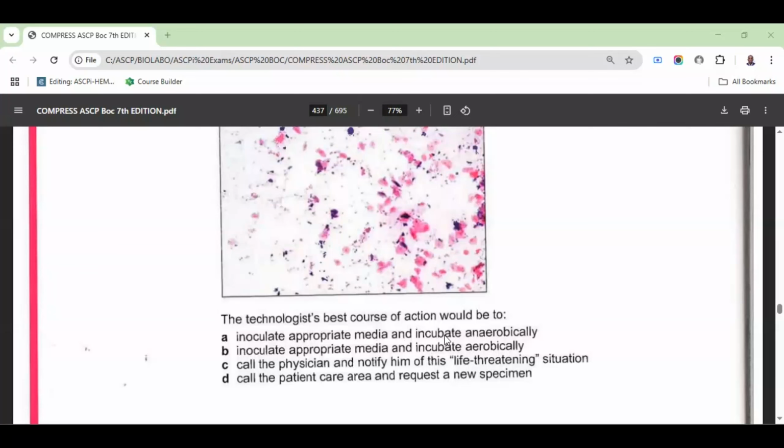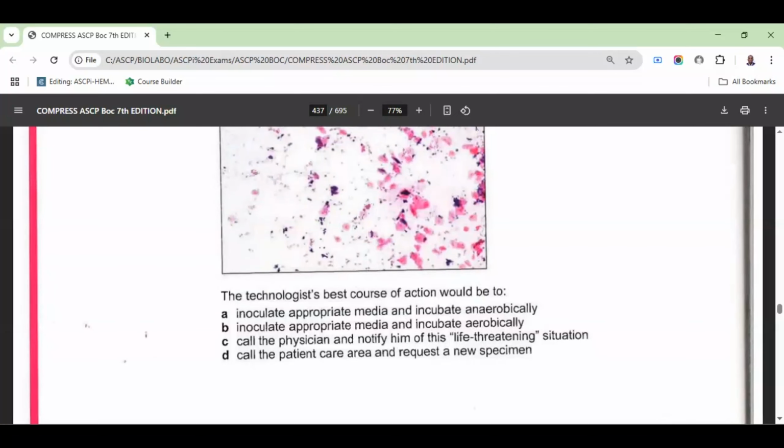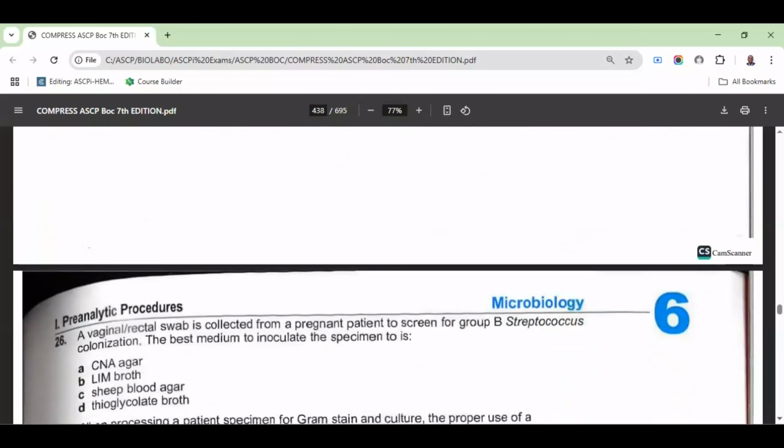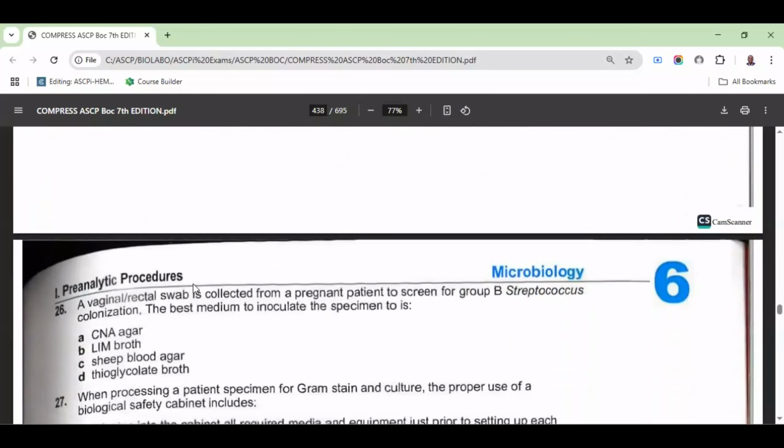Remember, when you see more than 25 epithelial cells in a low power field, as a rule, you have to reject the sample because that is not sputum but saliva, and saliva is not a good sample. Sputum contaminated with saliva is not a good sample for analysis.